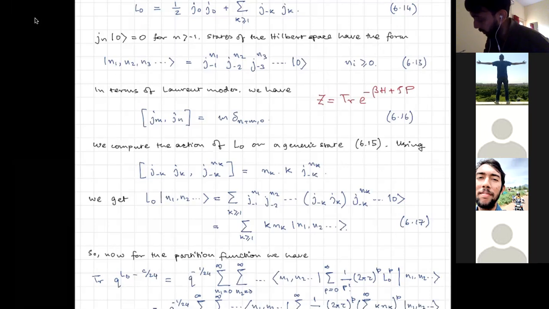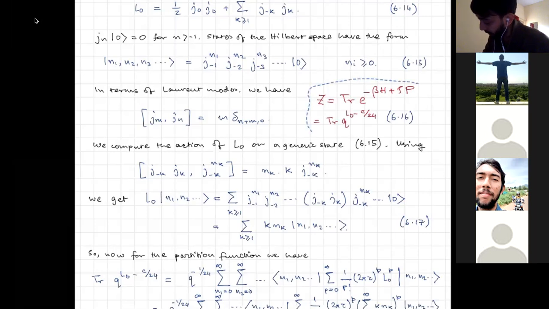Xi is not a good thing to write down. And this, as we saw, was the trace of q to the L naught minus c over 24. And I'll drop the q bar piece for now. Okay, so let's do this.